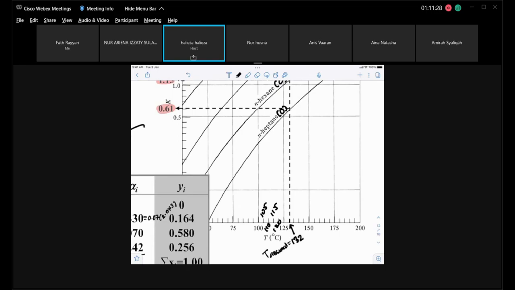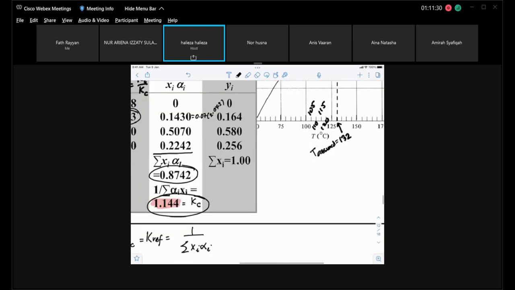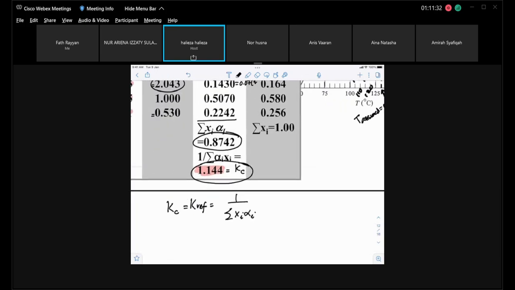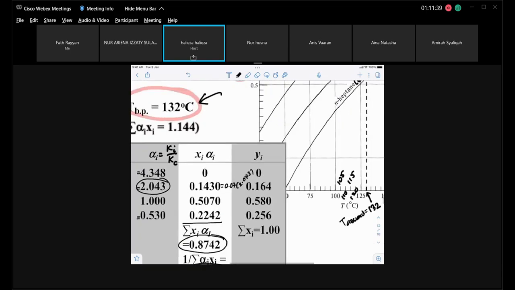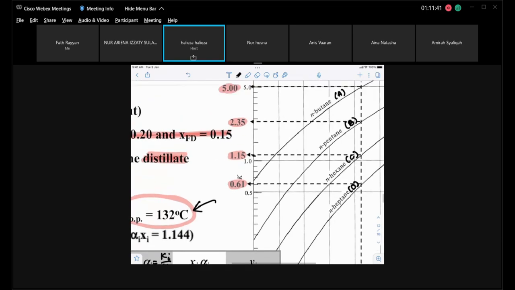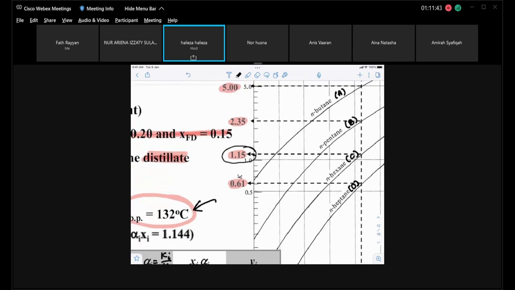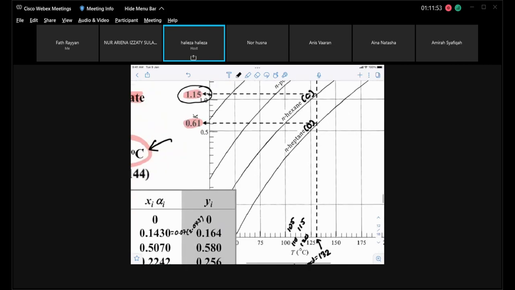Now you double check with this value of Kc, which happened to be 1.144, and it so happened to be almost the same as when you use the same temperature of 132. So that means your first estimate of that boiling point is very accurate. So your boiling point is actually 132.